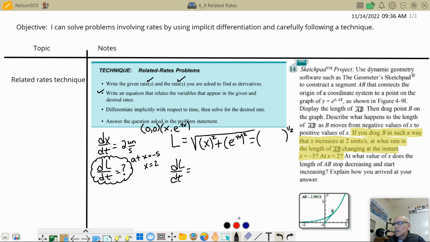My first layer, if I'm going to number the layers, is this: move the 1/2 down out front, rewrite everything inside unchanged, and reduce the power by 1, right? What was on the inside? It was x squared plus e to the 0.4x, all squared.